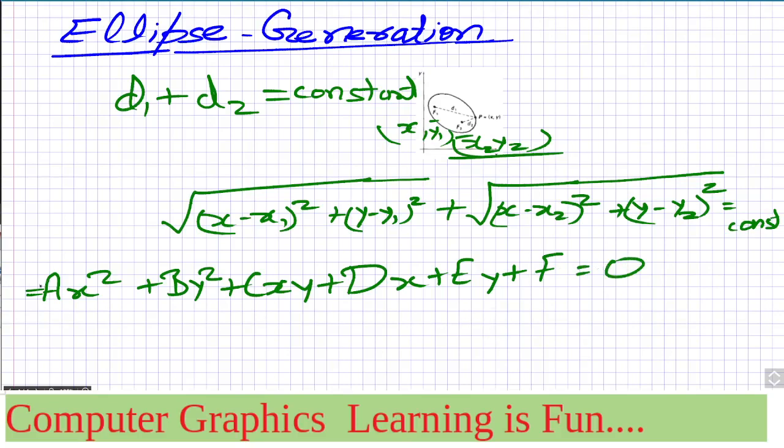This is something you will get after you perform certain simplification on this particular equation. Now you see these a, b, c, d values are coefficients. These can be found or evaluated based on the focal coordinates.